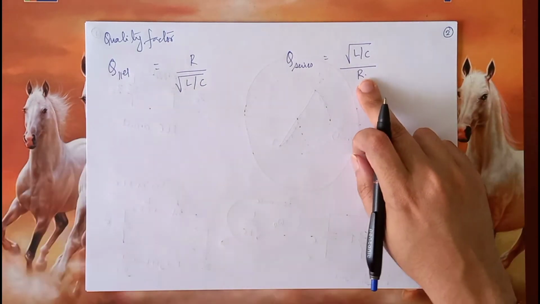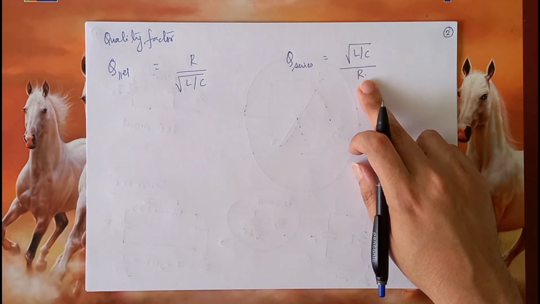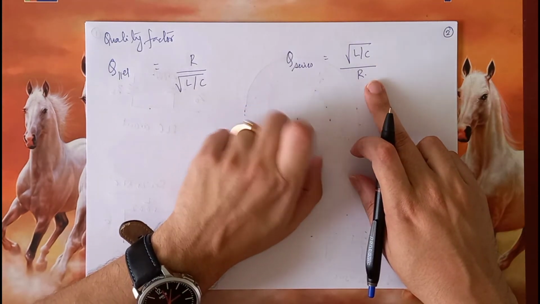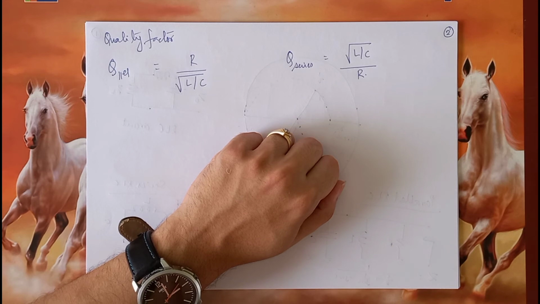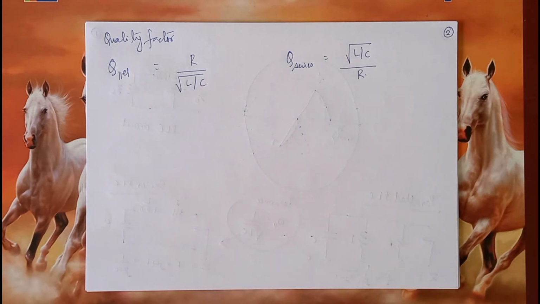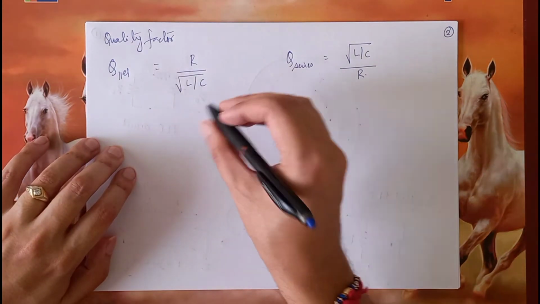In the series case, for the resonance to be very strong, for the Q to be very high, you need the R as low as possible.